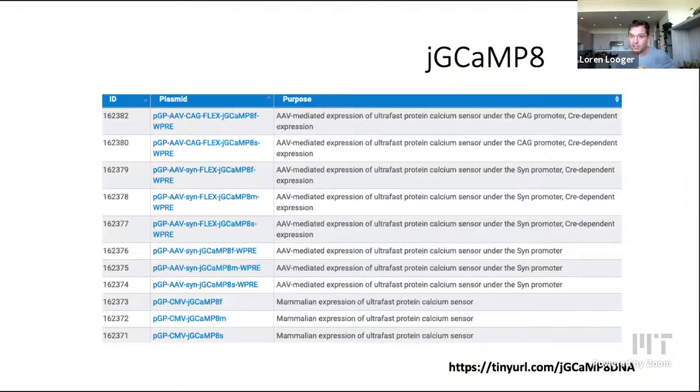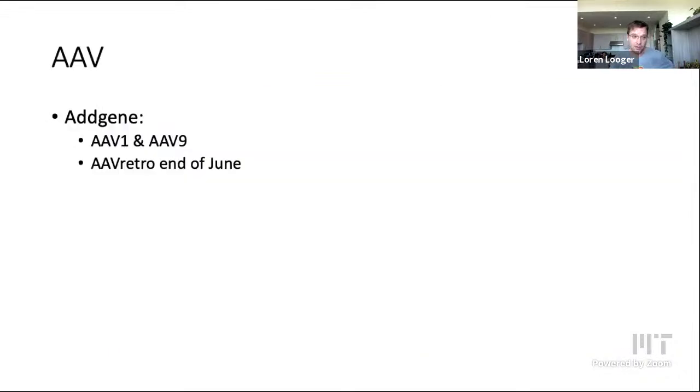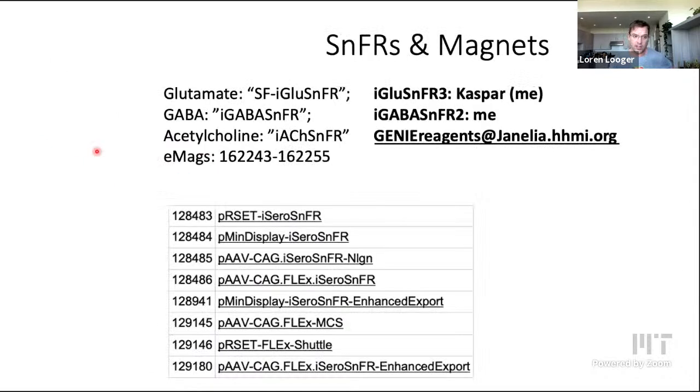All the GCaMP8s are available at Addgene. They're now shipping AAV1 and 9. They hope to have AAV retro ready to go by the end of June.